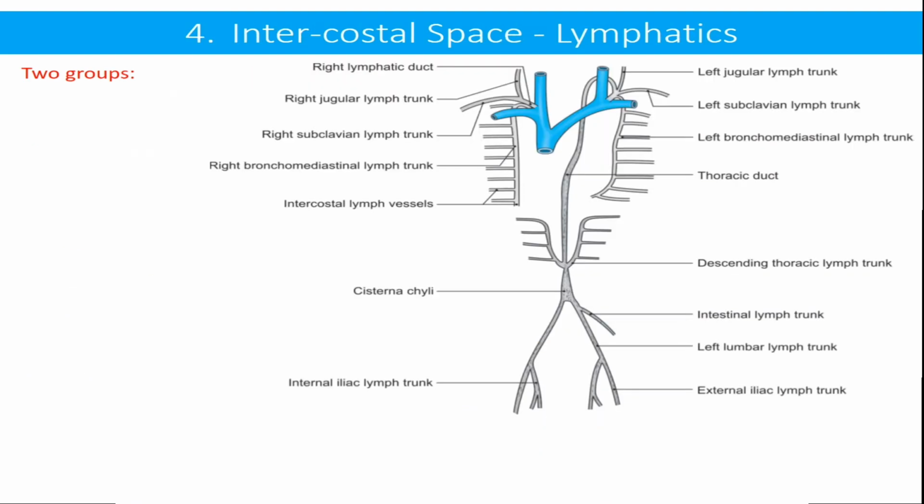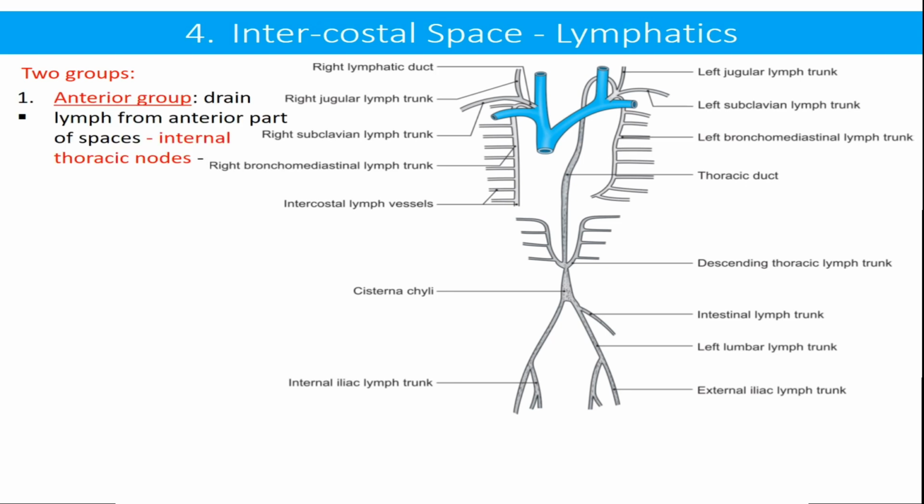Now, lastly, the lymphatics of the intercostal spaces. There are two groups, anterior and posterior. The anterior group of lymphatics drains lymph from the anterior part of the spaces into the internal thoracic nodes, which lie along the internal thoracic vessels.